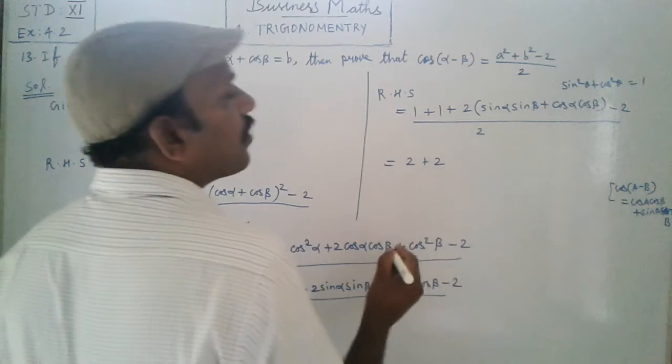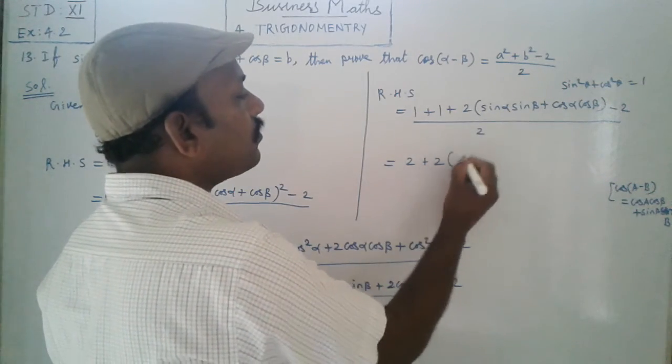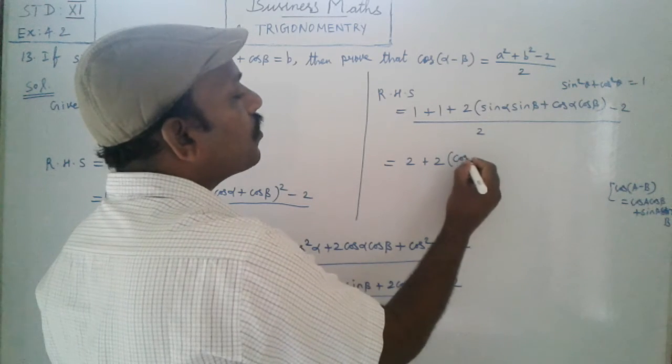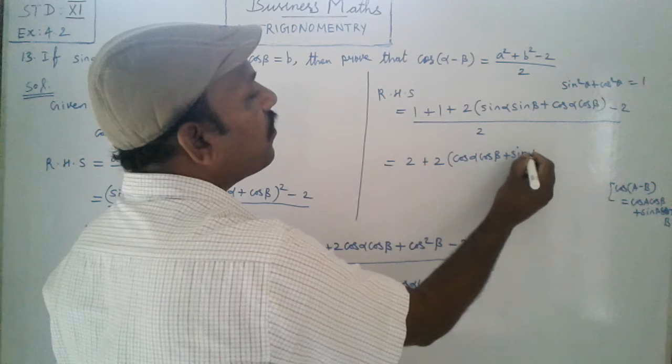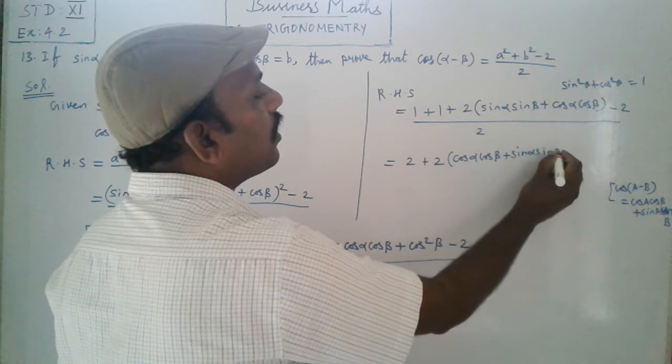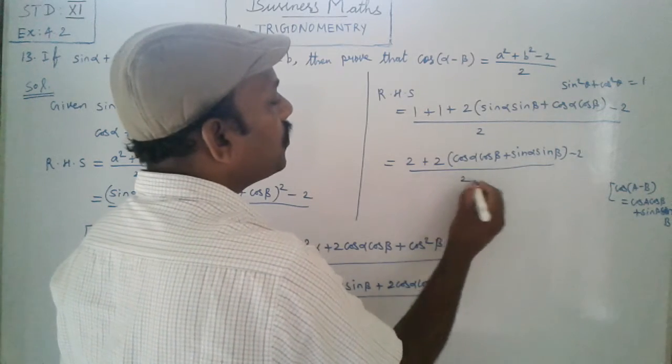So cos alpha cos beta plus sin alpha sin beta, minus 2, divided by 2.